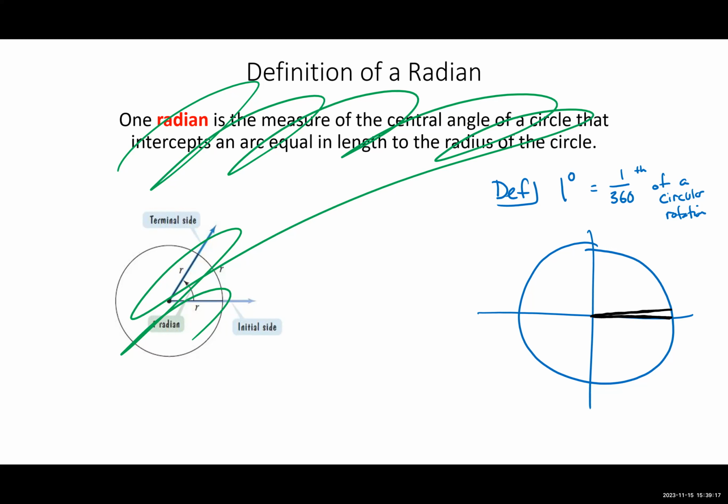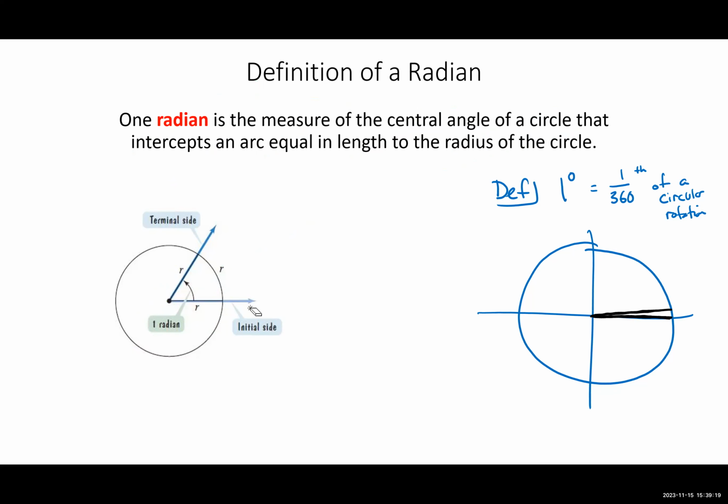So now let's define 1 radian. It's just a different unit of measurement. If you make connections between this and something you already are familiar with, things might start clicking.